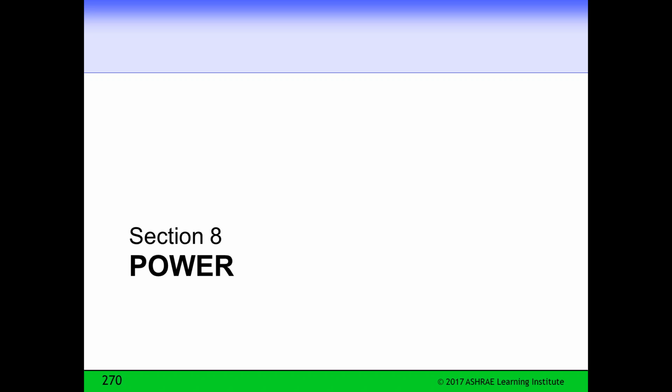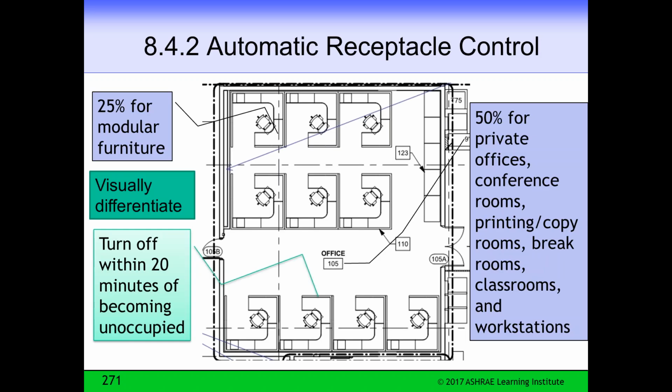Now this leaves the mechanical section, but it's important for you to know about. This is the most unpopular requirement in the standard. This requirement is to turn off, within 20 minutes after a space becomes unoccupied, 50% of the outlets, or 25% of the outlets in modular furniture.